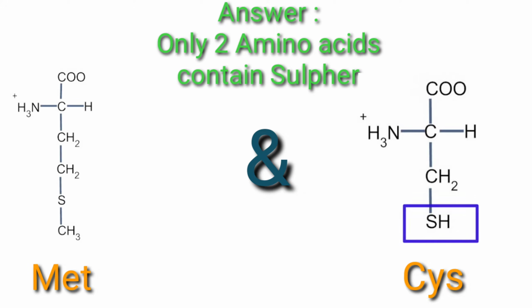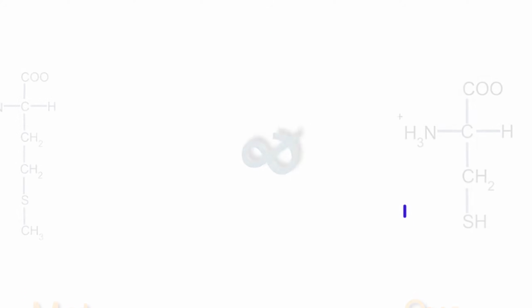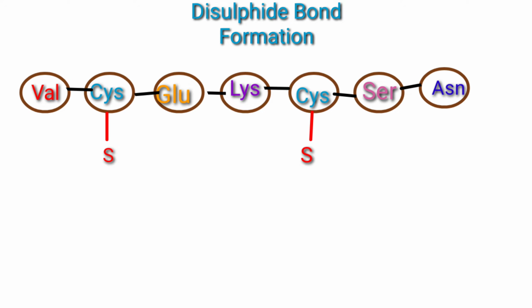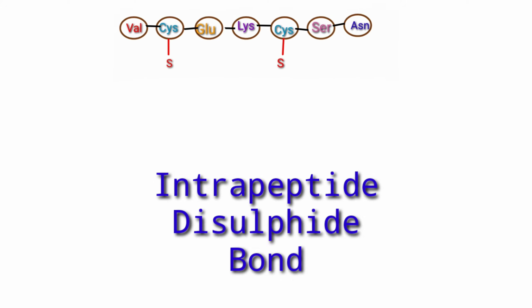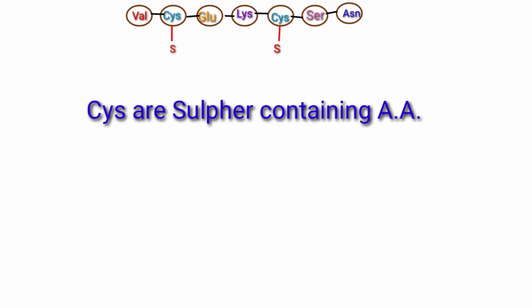So these sulfurs are involved in the formation of disulphide bonds in a protein's amino acid chain. Considering the following example, in the following figure it is shown that cysteine amino acids are present in this given polypeptide chain. The cysteines are those amino acids which contain sulfur in their side chain.